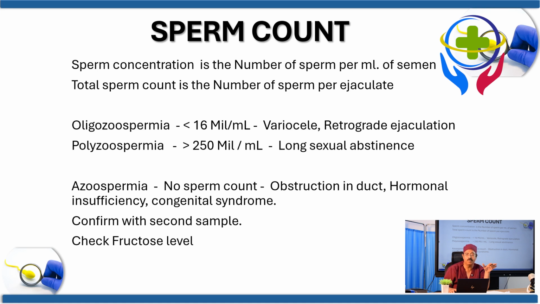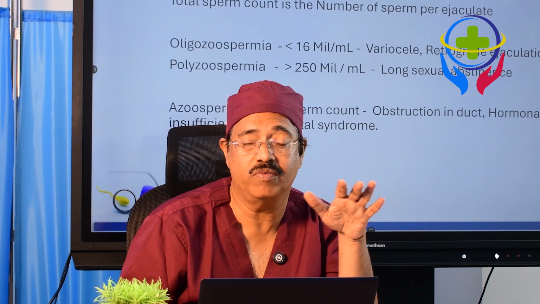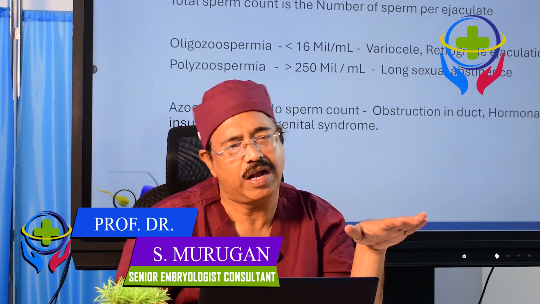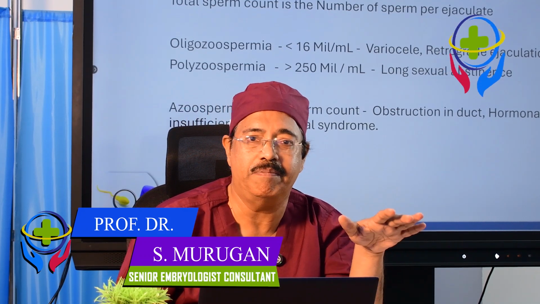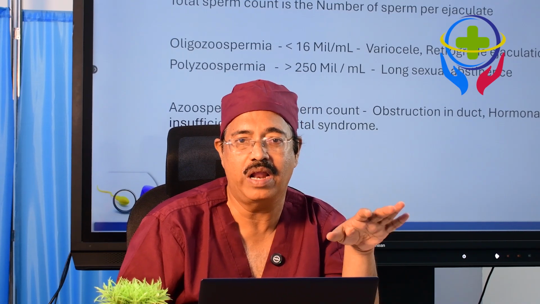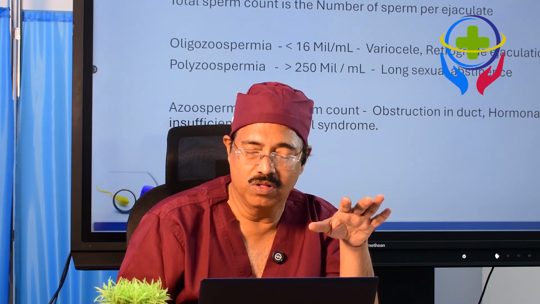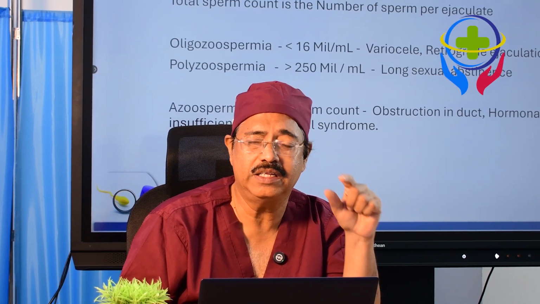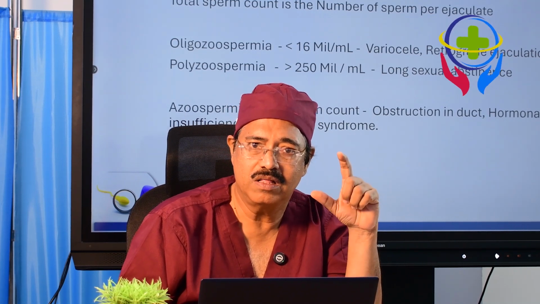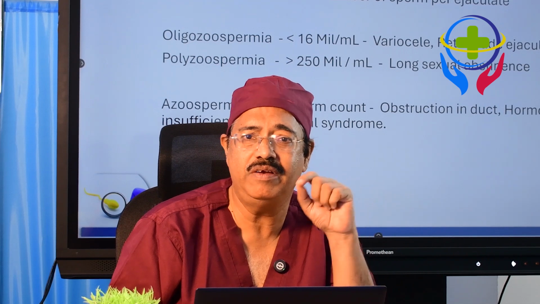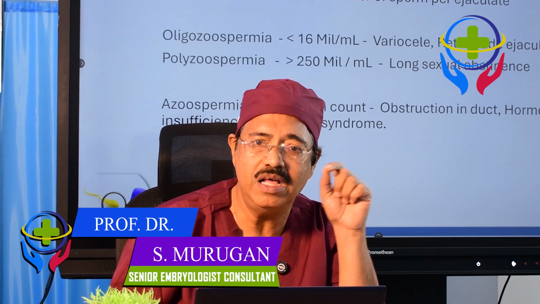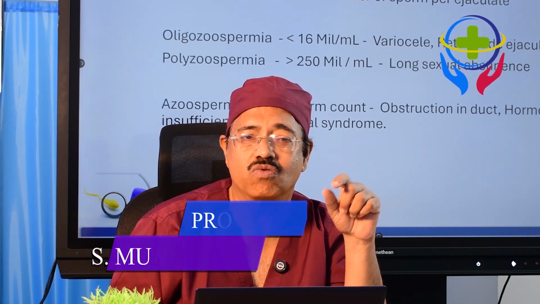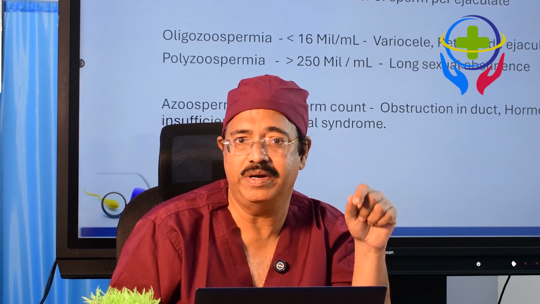Suppose there are no sperms, no live or dead sperms observed in the chamber, we have to carefully examine the complete slide or the complete chamber and confirm that there are no live or motile sperms present. In this condition, we have to collect the complete semen sample in a conical centrifuge tube and mix it with an equal volume of culture media, mix it well and centrifuge at 1500 rpm for 5 to 10 minutes.